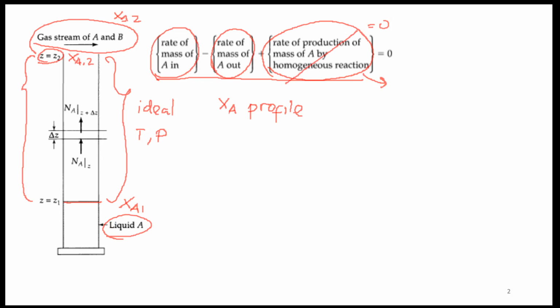So now we have to write what is the rate of mass A in. First we have to draw the control volume. This is the control volume.